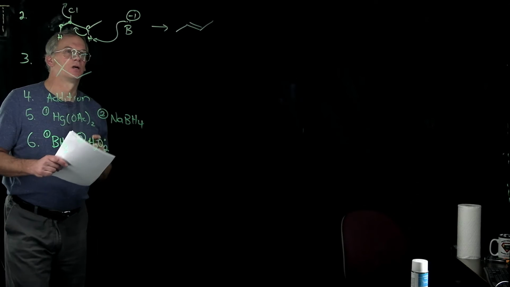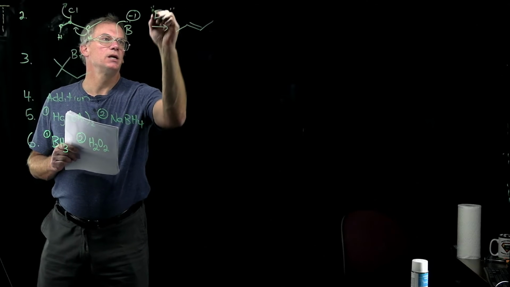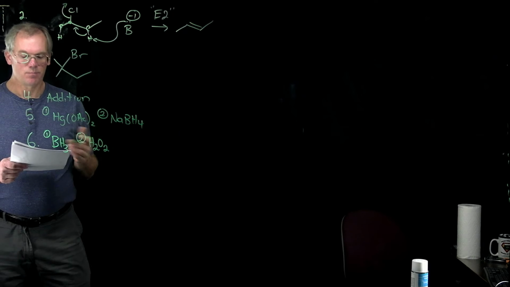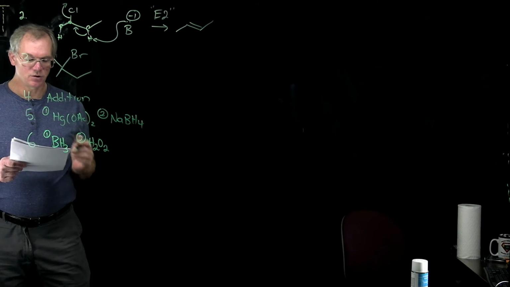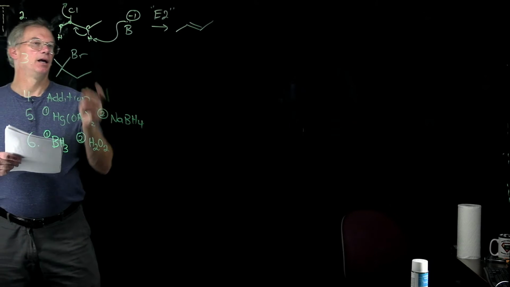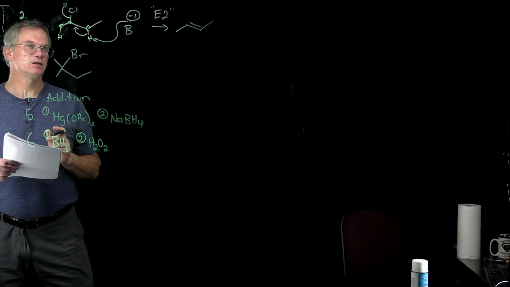In this case, this is showing it happening simultaneously, so that would be an E2 mechanism. And so the answers are base removes a hydrogen, forming an elimination product, and the most substituted alkene predominates, and that's Zaitsev's rule.